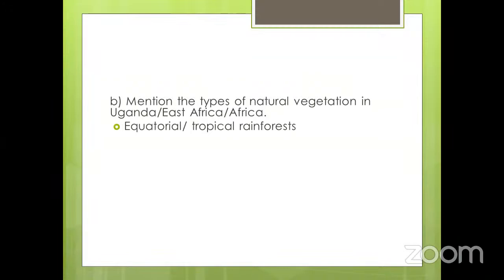So the types of natural vegetation in Uganda are quite many. One of them is called equatorial or tropical rainforest. Then we have another one there. Who can read that one?